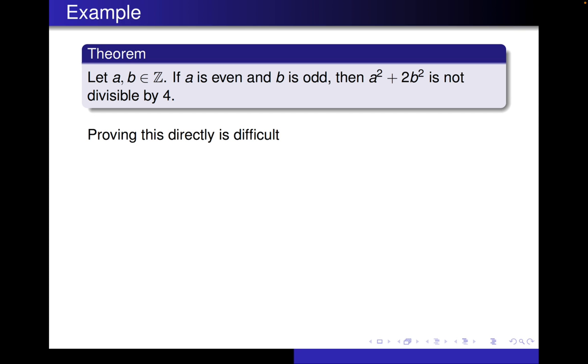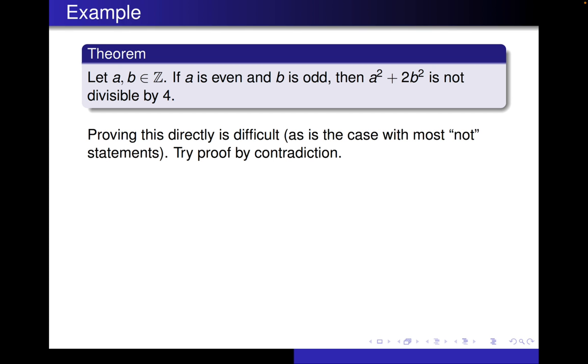Proving this theorem directly would be really, really difficult. The reason why is you're trying to prove that a squared plus 2b squared is not divisible by 4. Proving something is divisible by 4 is very specific and has a very real definition, but for not divisible by 4, there's a lot of ways that you could be not divisible by 4, and so that makes it very difficult to prove. So we're going to try a proof by contradiction.